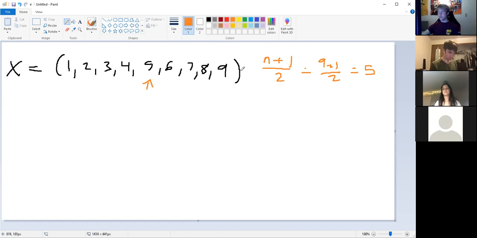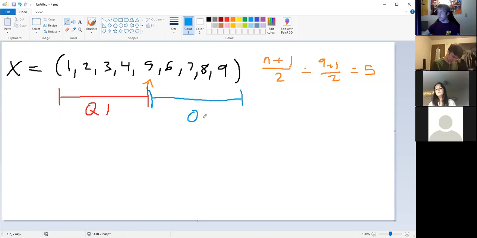Now, for the quartiles, your lower quartile is going to be the median of the lower half of the data. So this would be Q1, and this would be Q3.